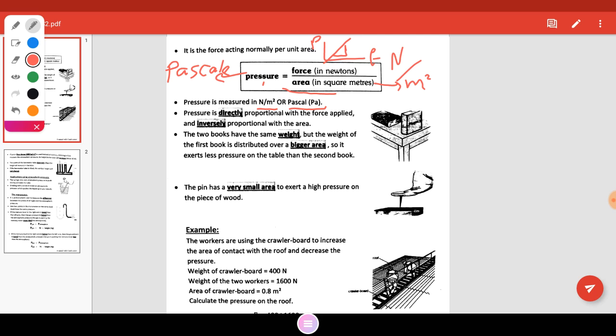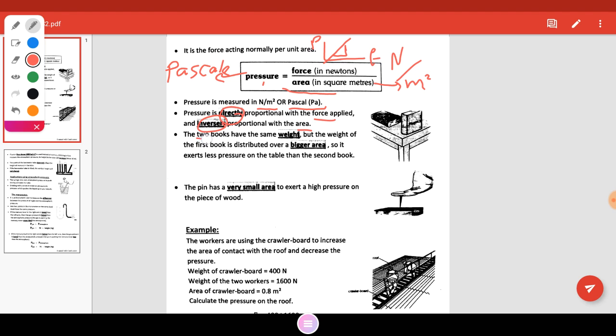This means that the pressure is directly proportional with the force applied and inversely proportional with the area. By increasing the area, the pressure decreases. By increasing the force, the pressure increases.